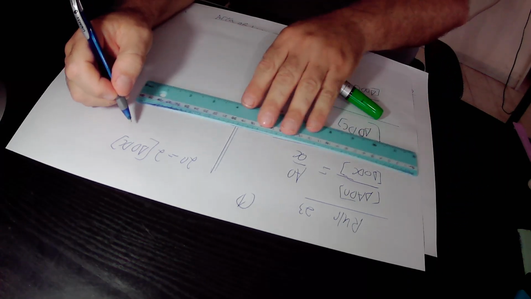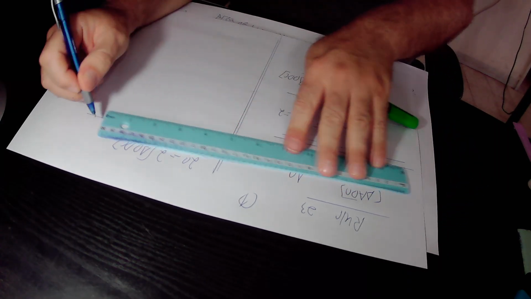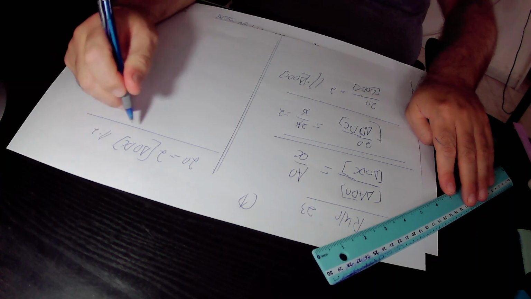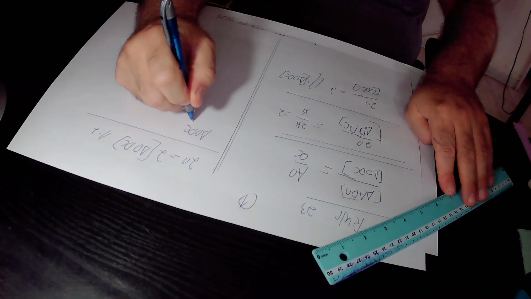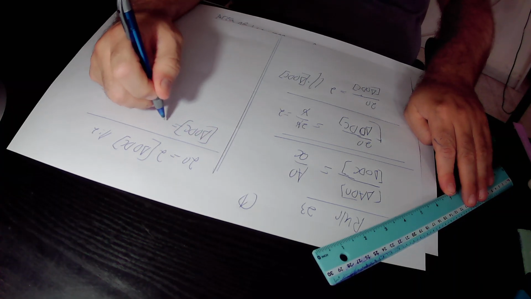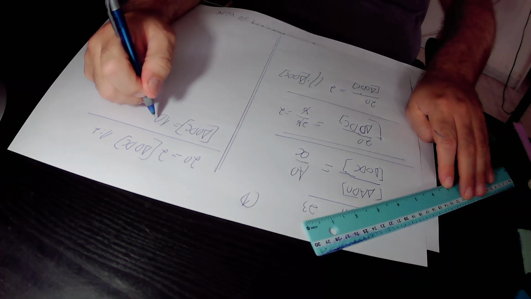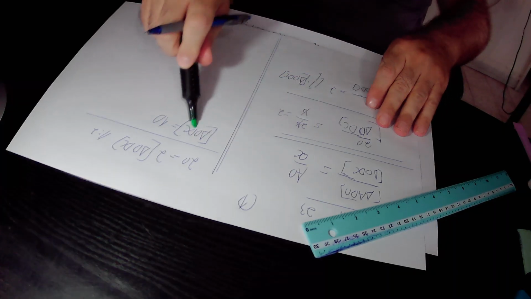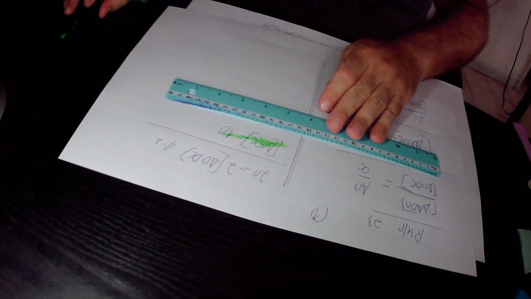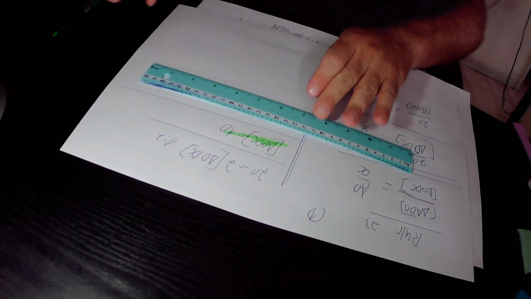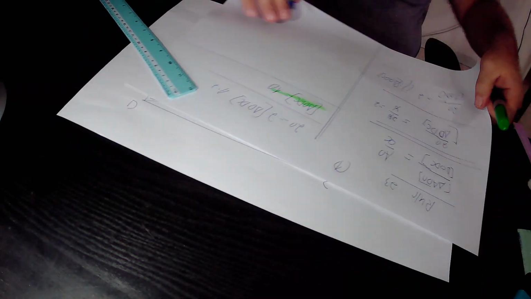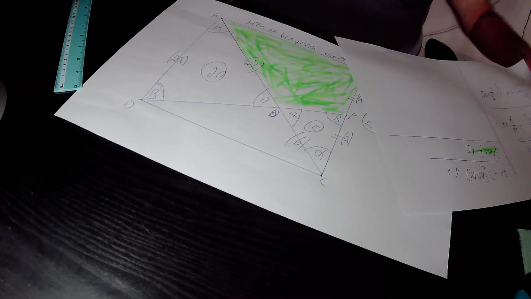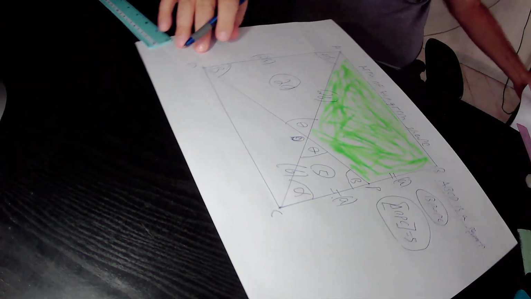So here we divide this equation by 2, and we get that the area of the small triangle OCD is equal to 20 over 2, that is 10 square units. So the area of this small triangle OCD is equal to 10 square units.